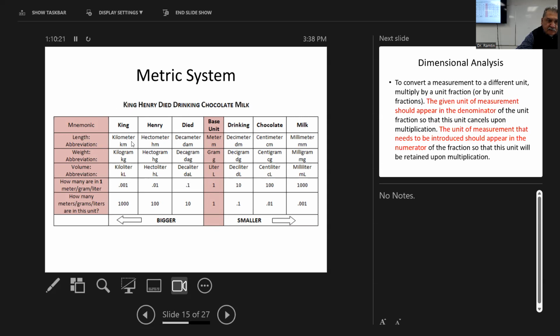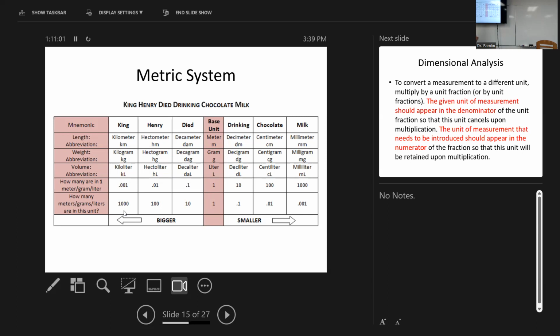K for king is for kilometer, H for hectometer, D for decameter. 1 kilometer is 1,000 meters. Hectometer is 100, and deca means 10, so it's 10. When you go toward the king, you're increasing, so the number gets bigger. This way it goes bigger, that way it goes smaller.